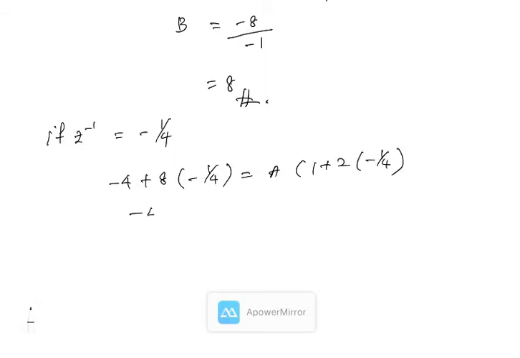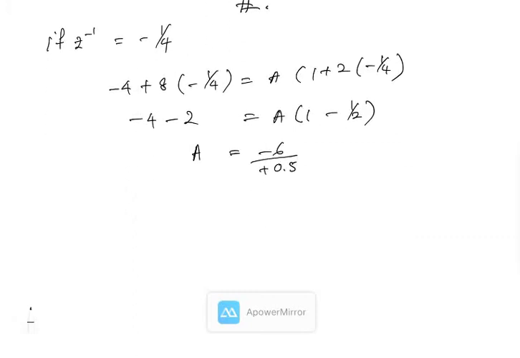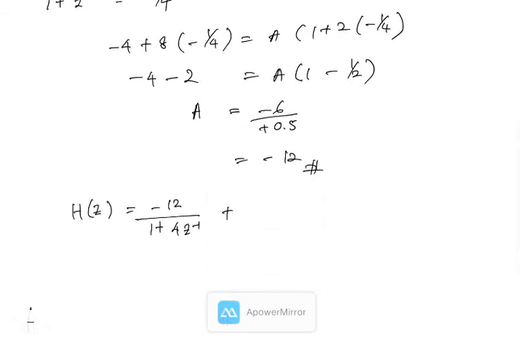So this is negative 4, then negative 2, 1, A 1 minus half. So A is equal to negative 6 divided by positive 0.5. So this is equivalent to negative 12. So the hash z value is, you substitute the A is equal to negative 12 into the equation, and plus with B, the answer is B is 8.